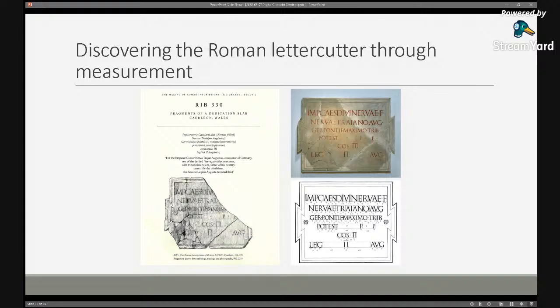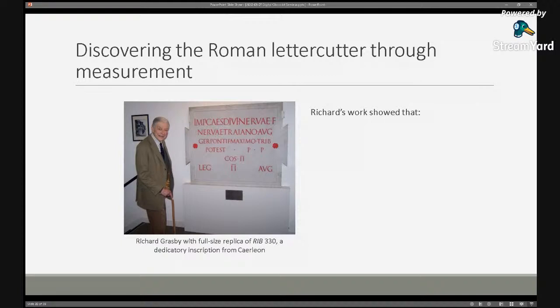What Richard did was work backwards from the stone to analyse the spacing of the letters on the inscription, and he produced a copy of the stone, having analysed the modules that underlay the spacing of the inscription.